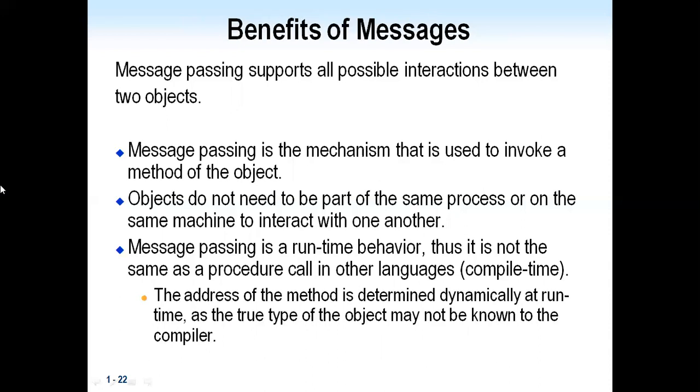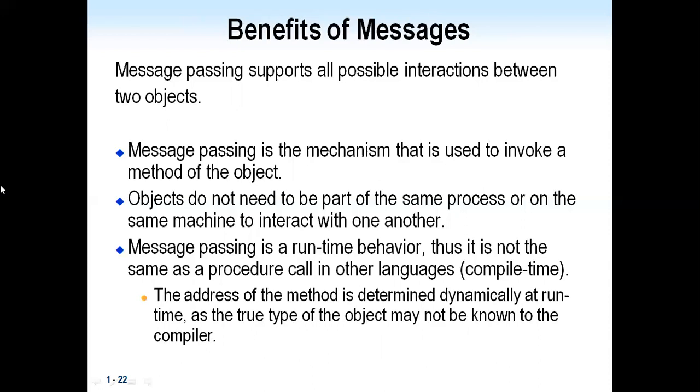Next, the objects do not need to be part of the same process or on the same machine to interact with one another. Next, message passing is a runtime behavior, so it is not the same as procedure calling in other languages.